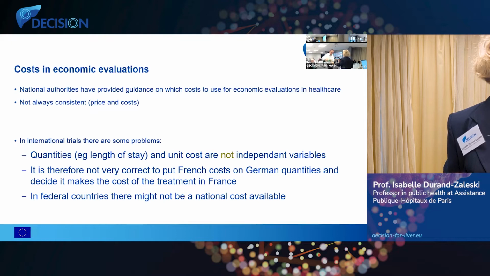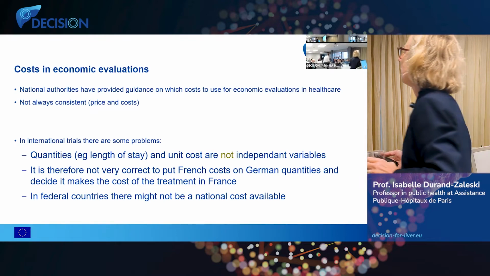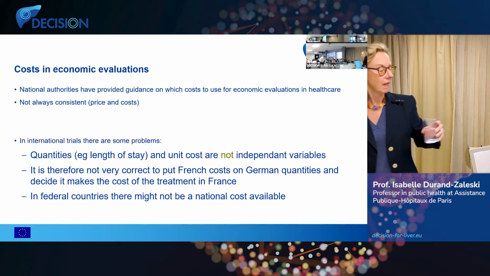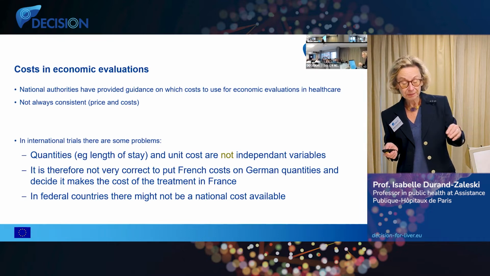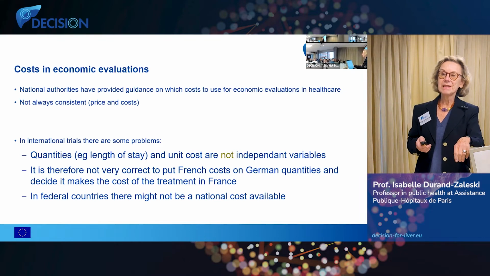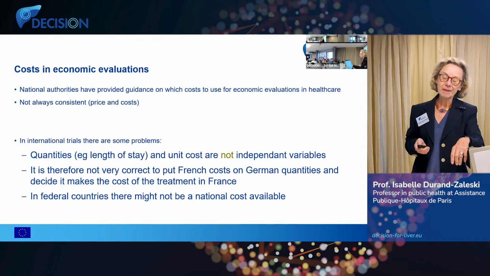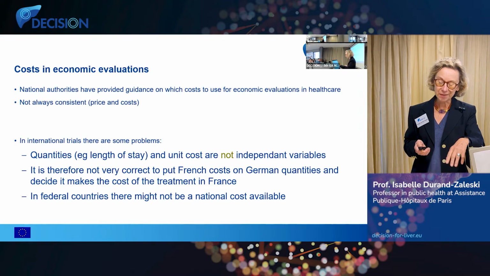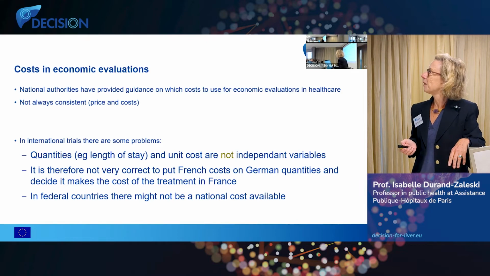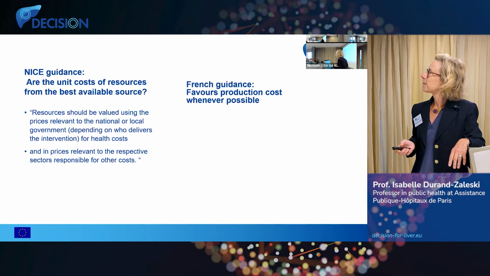And this is why we are sometimes a bit worried when there are international trials, and when in these international trials there are countries with a federal system where the costs are different in each province. That's an interesting twist.